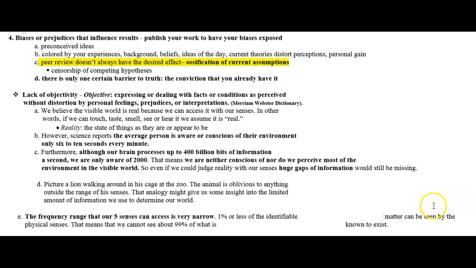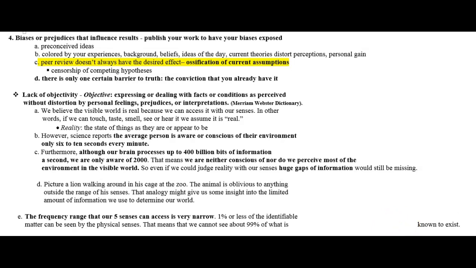That comes from the Merriam-Webster Dictionary. We believe the visible world is real because we can access it with our senses. So if we can touch it, taste it, smell it, see it, hear it, we're going to assume that it is real. Is it?